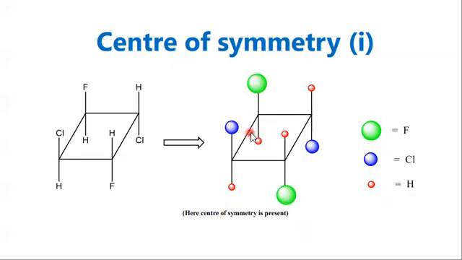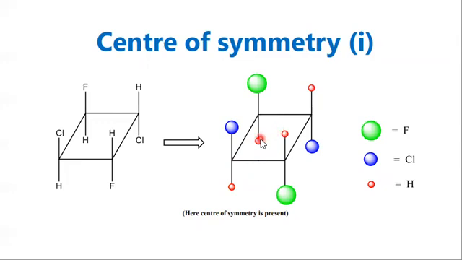Similarly, from the center, if you draw a line, you meet two chlorine atoms in opposite directions. So that's also perfect. Similarly, the two hydrogens are in opposite directions. And also you can see here they meet in the opposite direction.